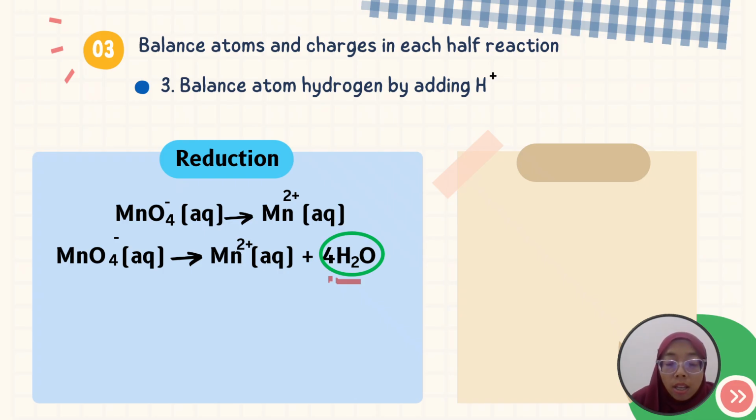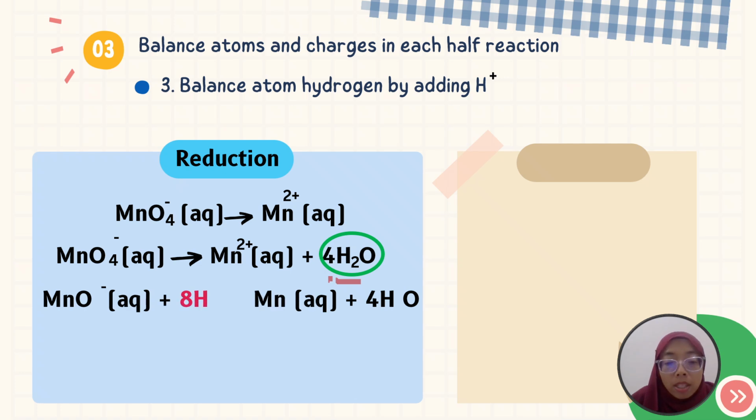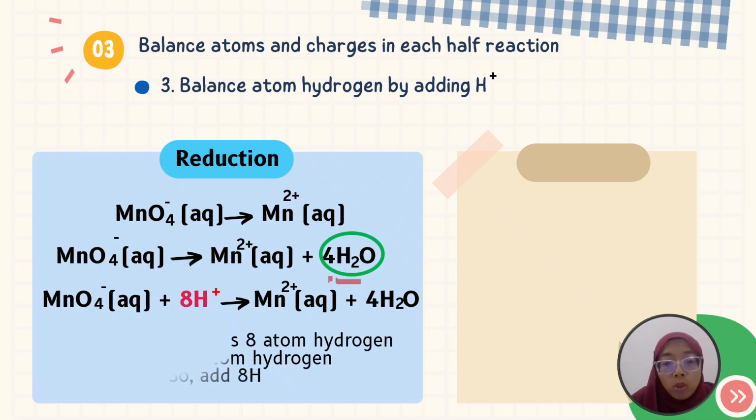Since the right side has 8 hydrogen atoms, on the left side you must add 8 H+ to balance the hydrogen atoms. Now the right side has 8 hydrogen atoms and the left side also has 8, so the hydrogen is balanced already.